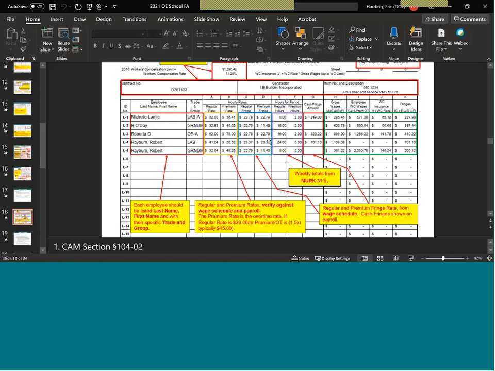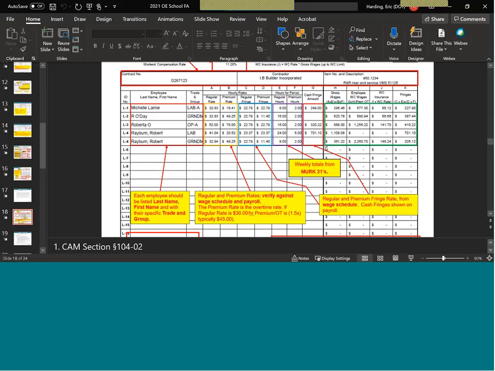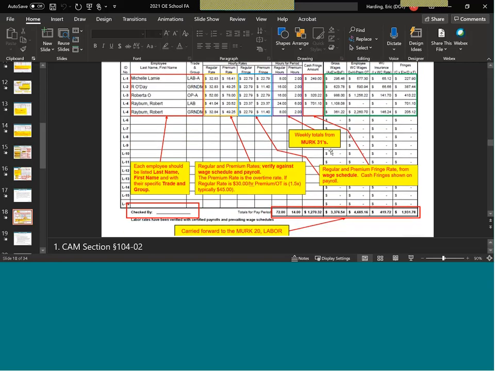As far as the contractor, they are going to enter the data from the employee list over to column G. Columns H, I, J, and K autofill and do the math for you, and those formulas cannot be changed.